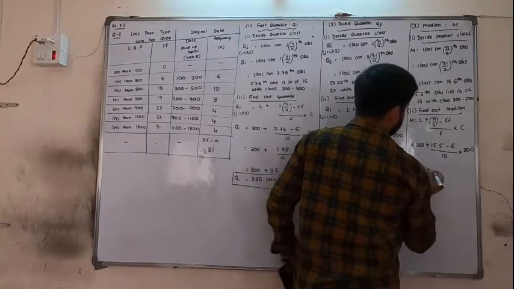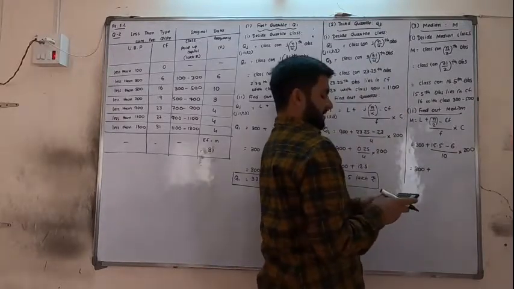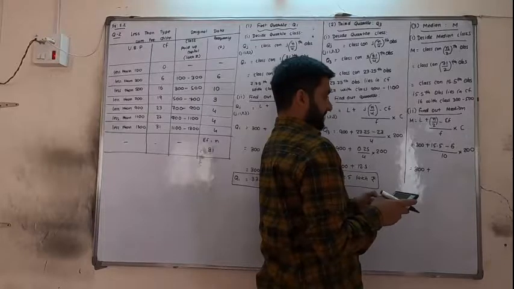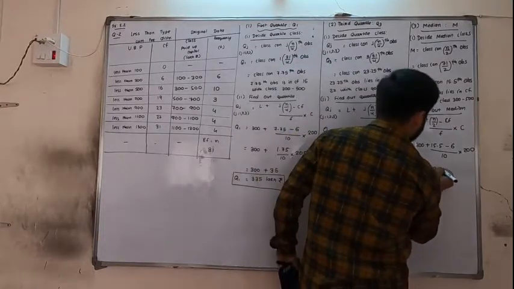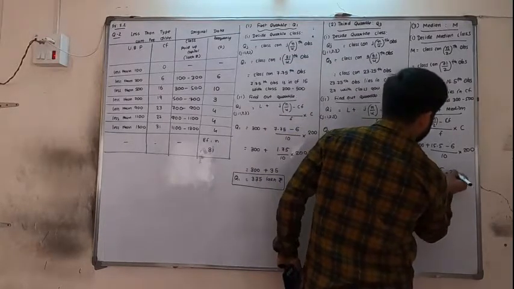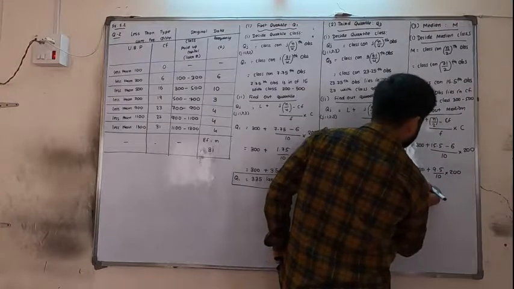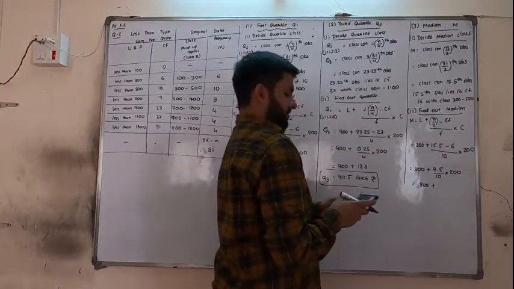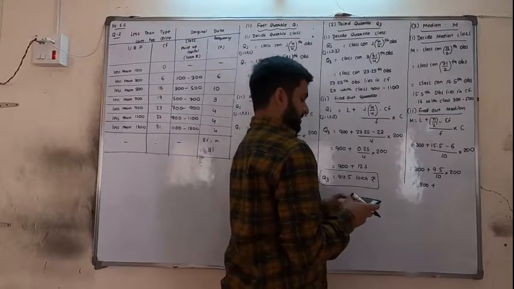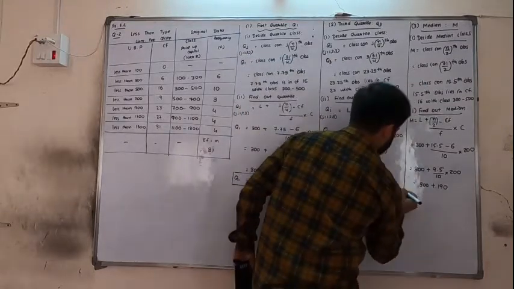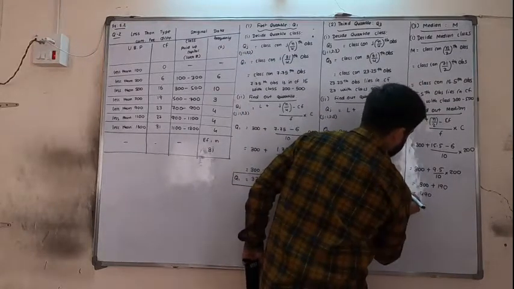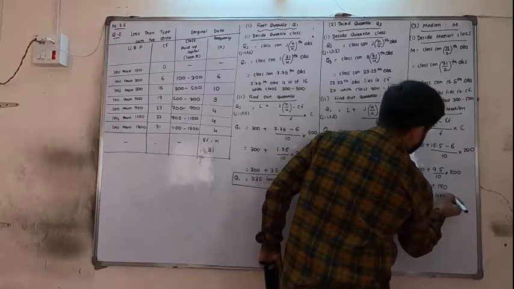So 300 plus 15.5 minus 6, 9.5 by 10 into 200. So 300 plus 9.5 by 10 into 200 is 190. So it will be 490 lakh rupees.